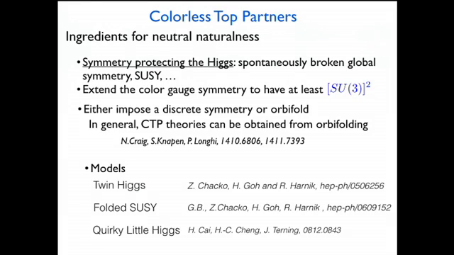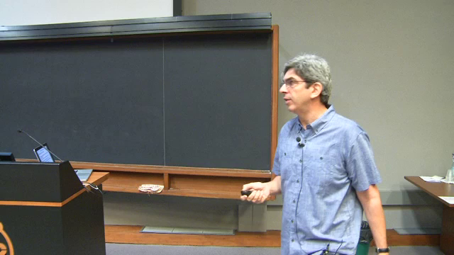Okay? So it could be SU6 broken down to SU3 squared, or it could be 2 copies of SU3. We'll see some examples. And then you either impose a discrete symmetry, or somehow you extract the degrees of freedom by some procedure that can be generalized as orbifolding, such that the top partners will actually have the other color once we extract the light degrees of freedom of these theories.